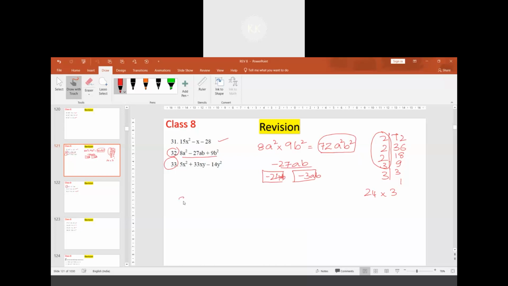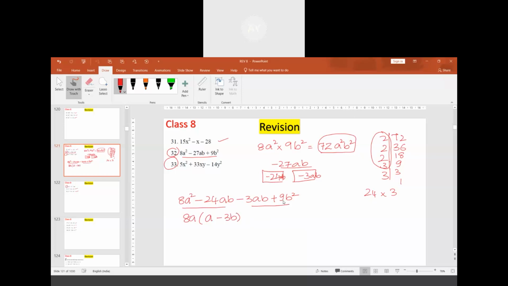Now we shall write the first term as it is and the last term as it is. The middle term has to be split into minus 24ab minus 3ab, plus 9b square. Now the things are similar. Now we have to group them and take common factors. From the first two terms, 8a is taken out, and a minus 3b remains.